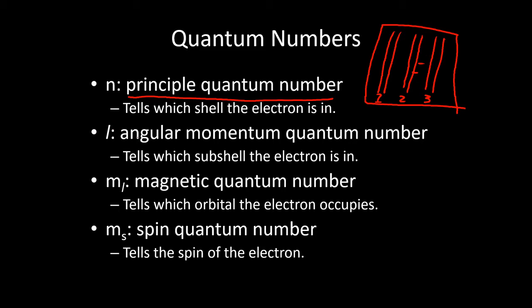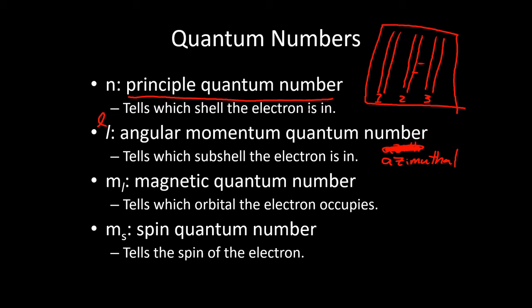The next quantum number is usually written as a cursive L. That's what that's supposed to be. And this is the angular momentum quantum number. It is sometimes called the azimuthal quantum number, which is the old-fashioned name for this. It's more often referred to now just as the angular momentum quantum number.